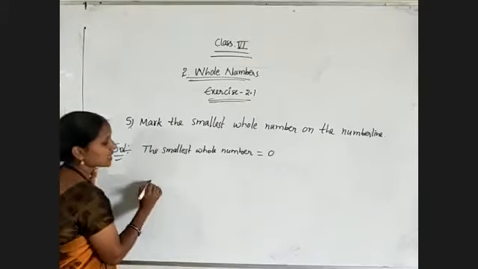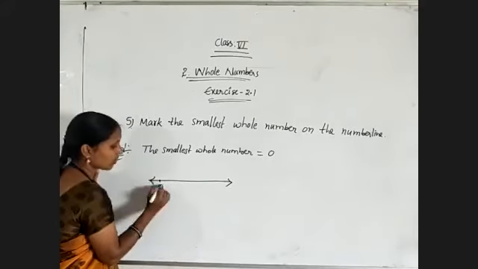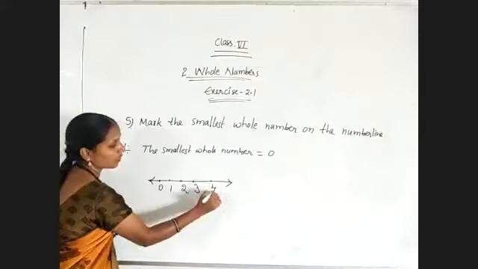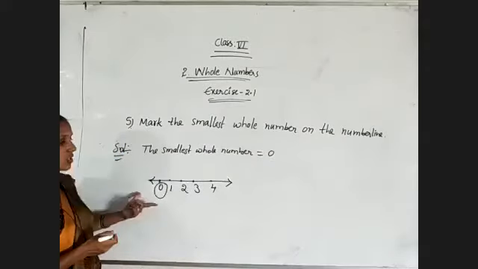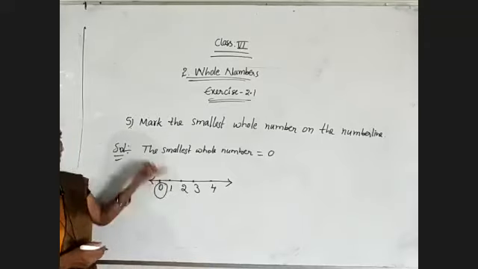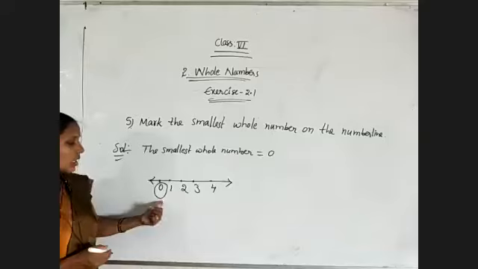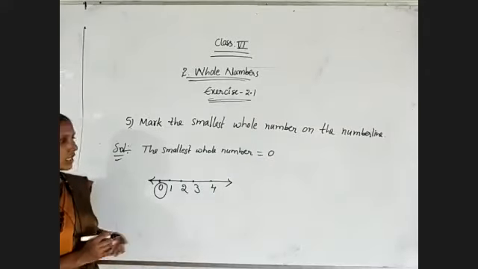Therefore, represent it on the number line. 0, 1, 2, 3, 4. Just mark it on the number line. The smallest whole number is 0. So 0 we have represented on the number line. That's all. That is the solution.